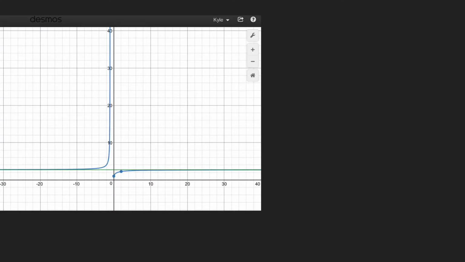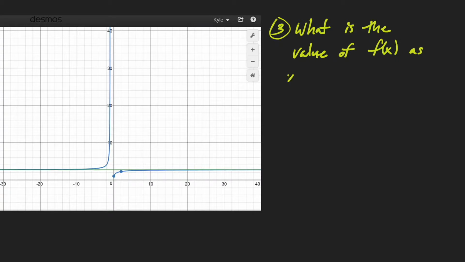Okay? So using those values, let's handle question 3: what is the value of f of x as x approaches infinity?